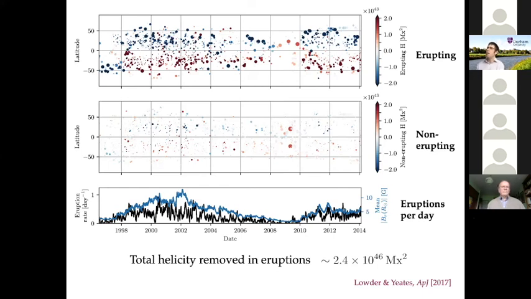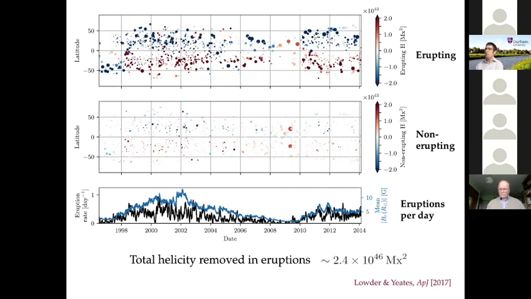You can see again the hemispheric pattern showing up here. What Chris did was to add up the amount of helicity in these erupting ropes, and you find that, again, it comes to about 2 times 10 to the 46 square Maxwells. So, a completely independent estimate, but the same ballpark figure for how much helicity we were putting in.